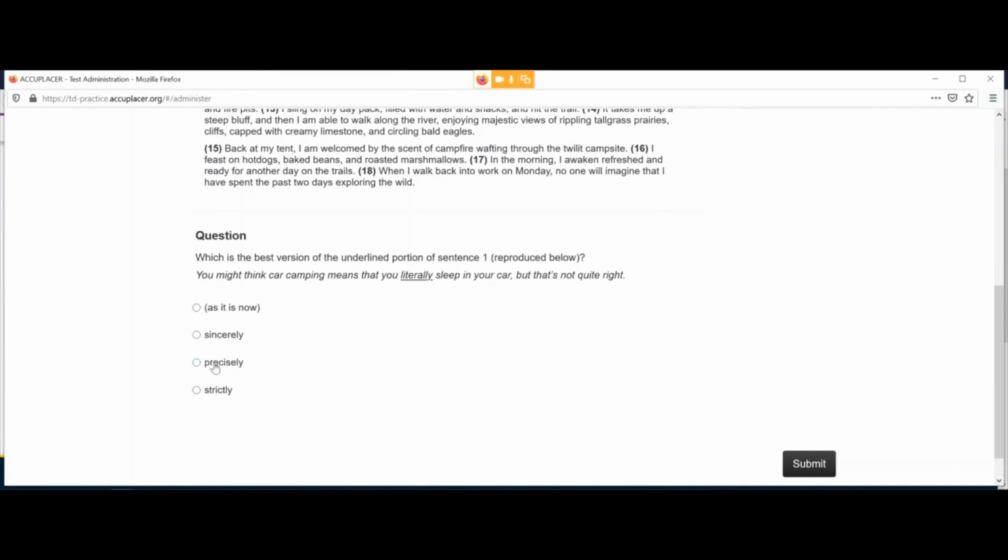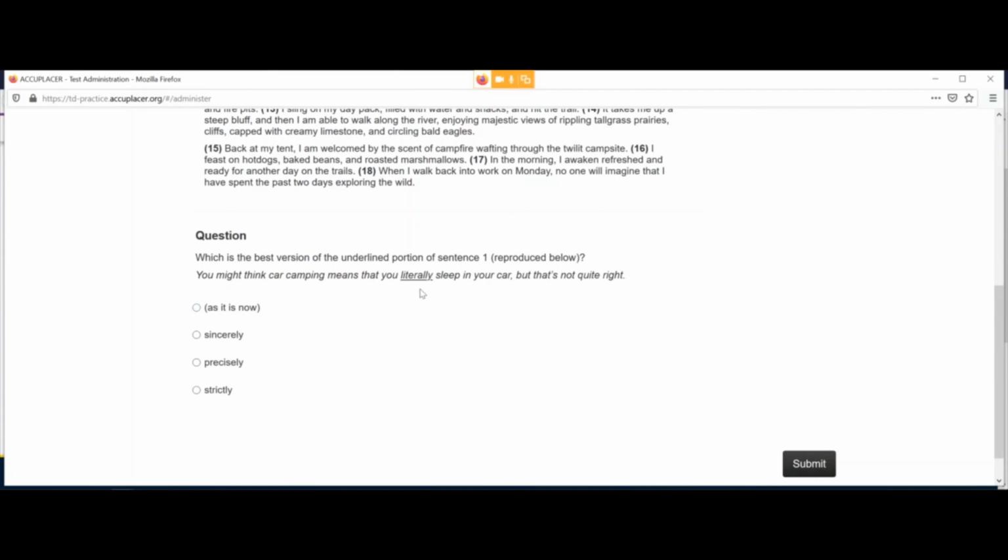Again, sincerely, precisely, those don't really fit in that context. What about strictly? Strictly means exactly as it is with no wiggle room. And strictly is very close to literally, but literally is used specifically to mean word for word or verbatim.